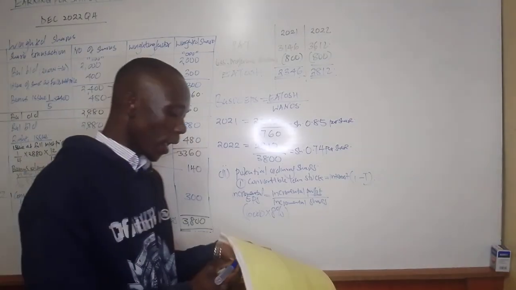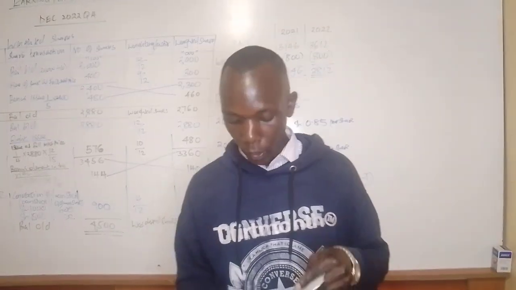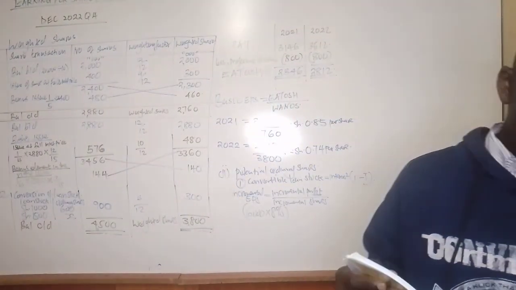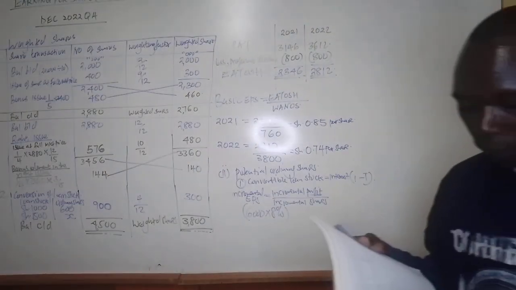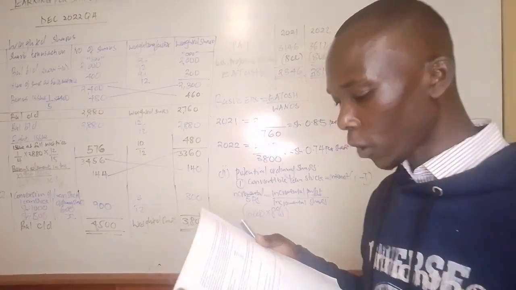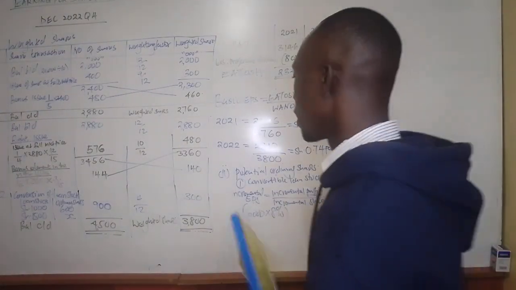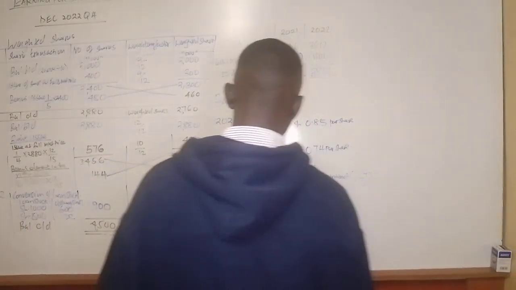Let us look at when we converted some. Note number 4. You are told on 1st June 2022, holders of shillings 1.5 million loan stock exercised their conversion right. So they were available for 8 months.